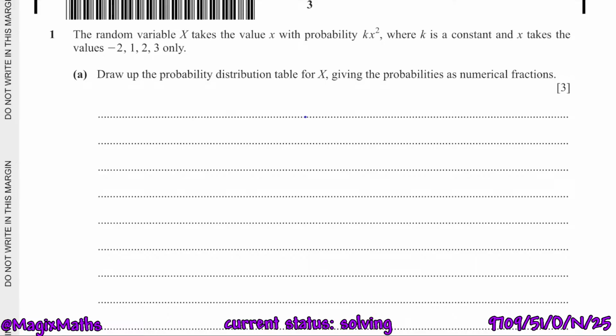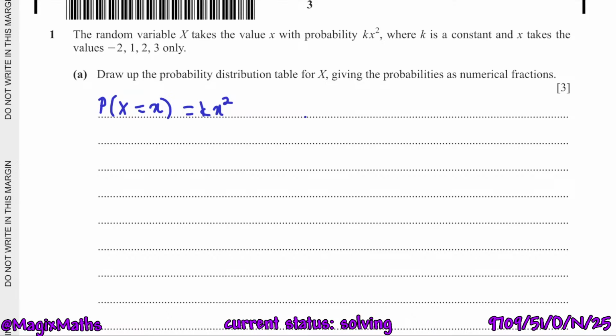The first question: the random variable X takes the value x with probability kx squared. K is a constant and X takes the values -2, 1, 2, 3 only. So let's think. We have the probability of X taking x is kx squared, but then we have values -2, 1, 2, and 3.